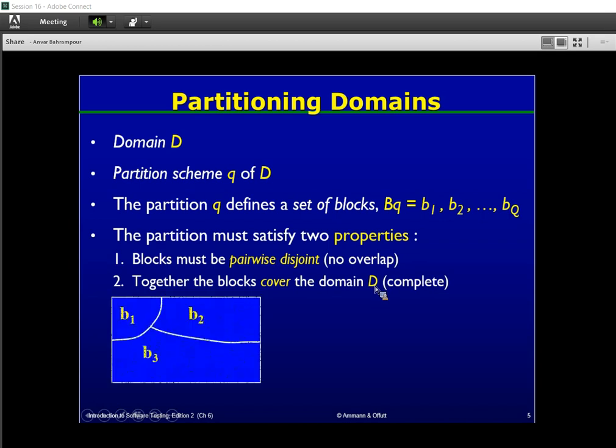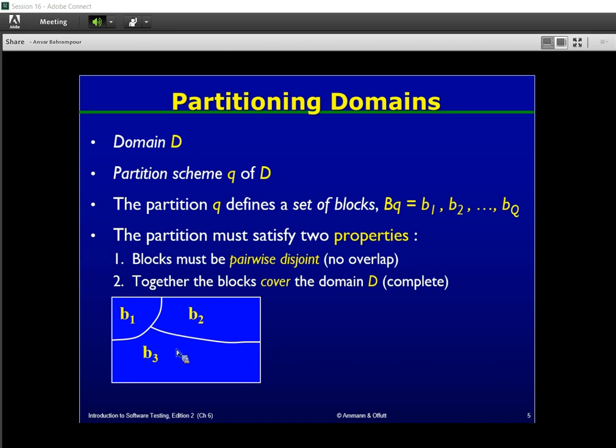Suppose we have a domain D as this rectangle, and as you see, this domain is partitioned into 3 blocks. Each pair of these blocks have no value in common, and the intersection of all pairs of these blocks is empty.